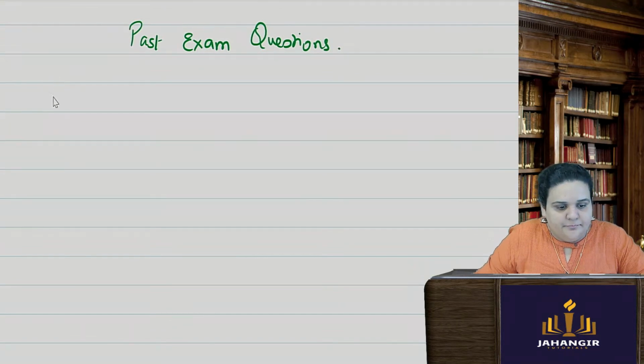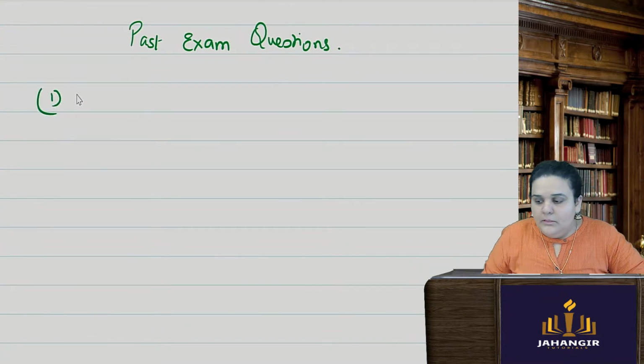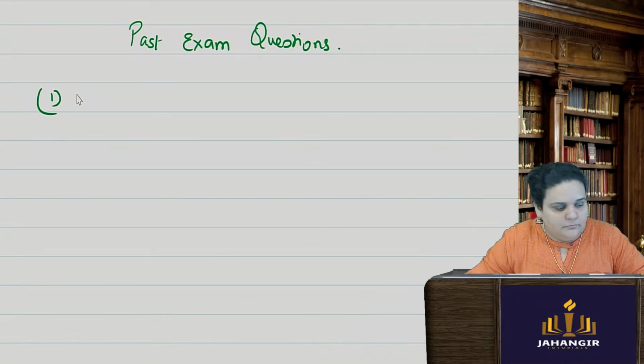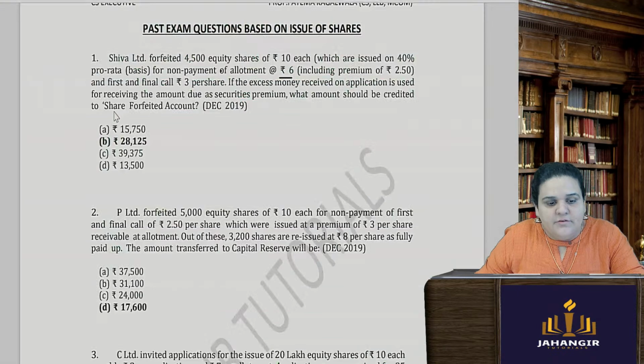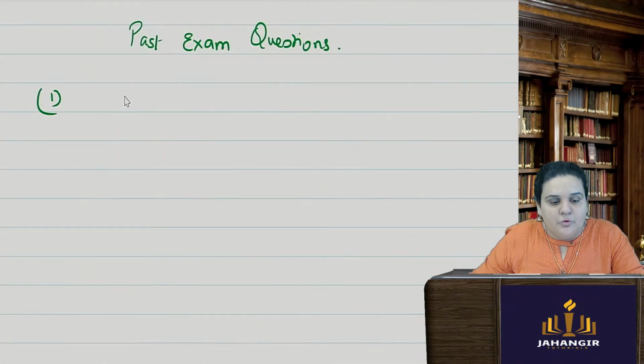Okay, the first one. Since I'm just writing the given data here, they are saying Shiva Limited has forfeited 4,500 shares. So we have to do the calculation on 4,500 forfeited shares.